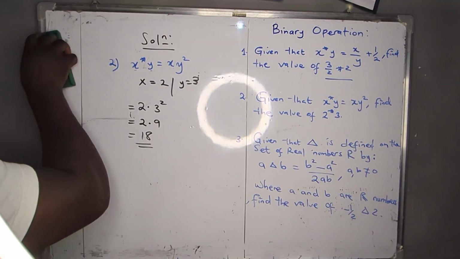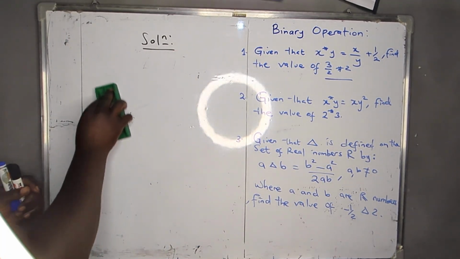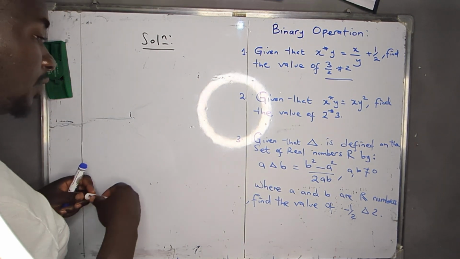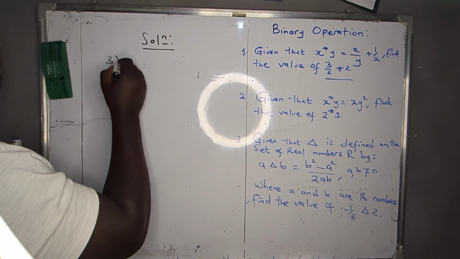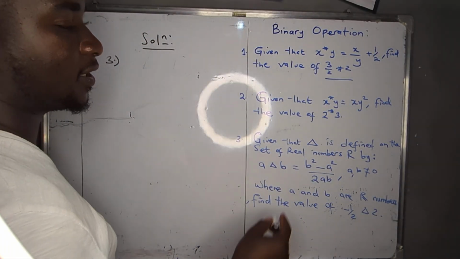Okay, let's see how we're solving this third part. Interestingly, here we're using a different operation, and that's a triangle.